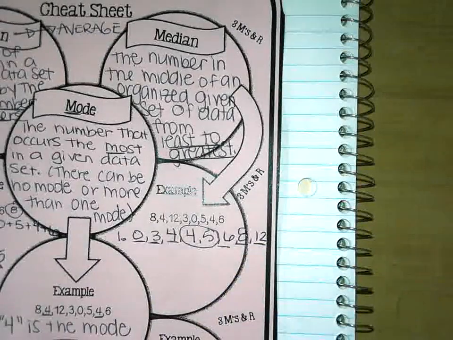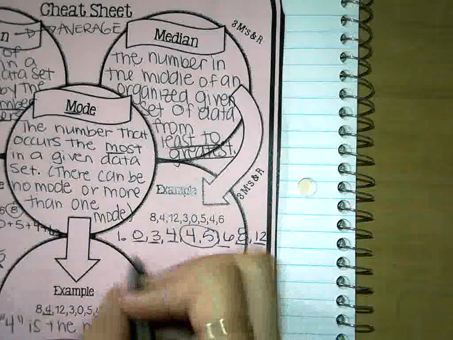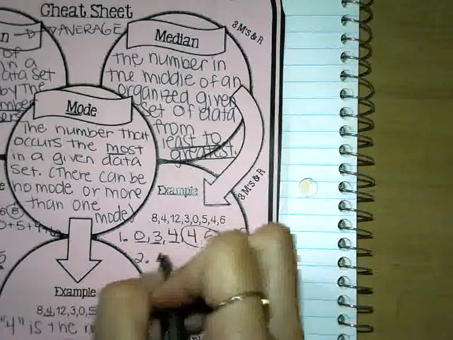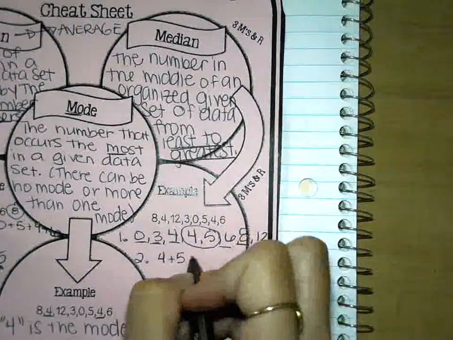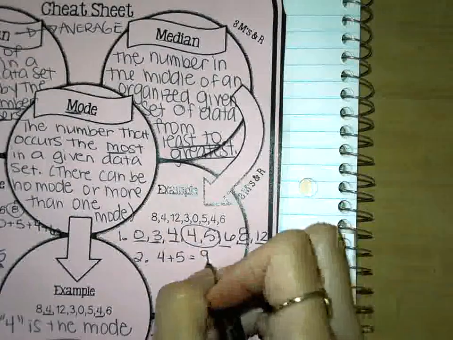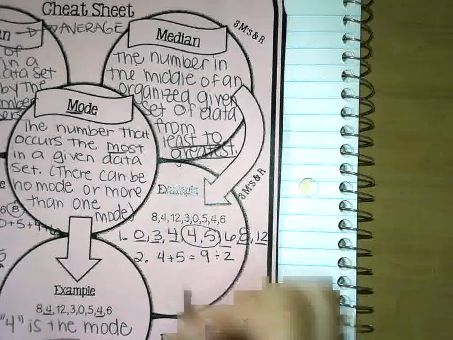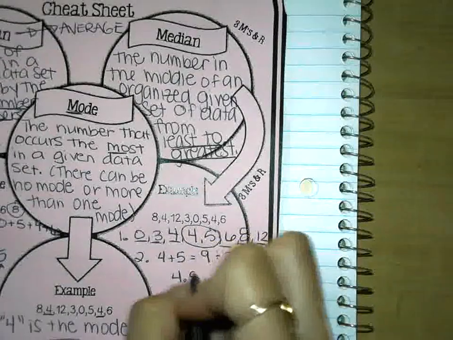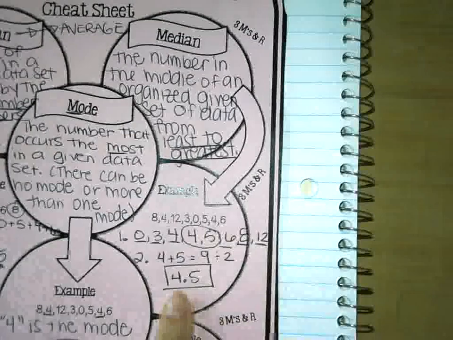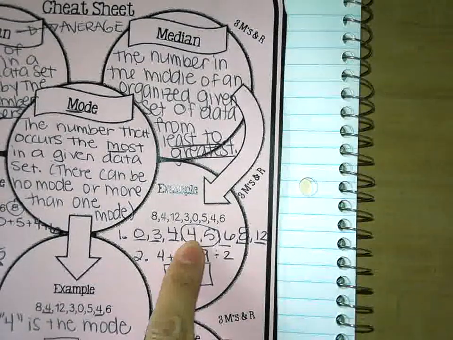I cannot have two middle numbers. So what I have to do in this case, since I have 2, is I now need to find the mean, which means I'm going to do 4 plus 5, and I will get 9, and I added 2 numbers together, so I need to divide that by 2, and 9 divided by 2 is 4.5. So the middle number is 4.5. It's also the number that is directly between 4 and 5.